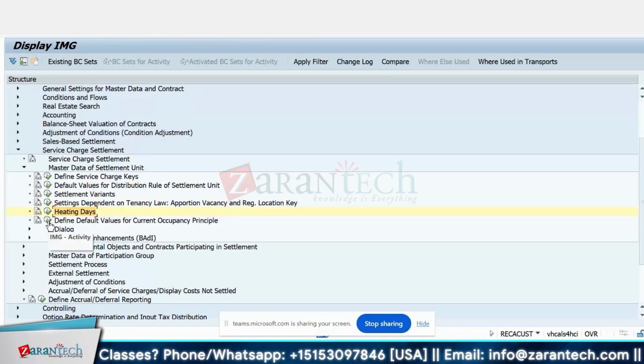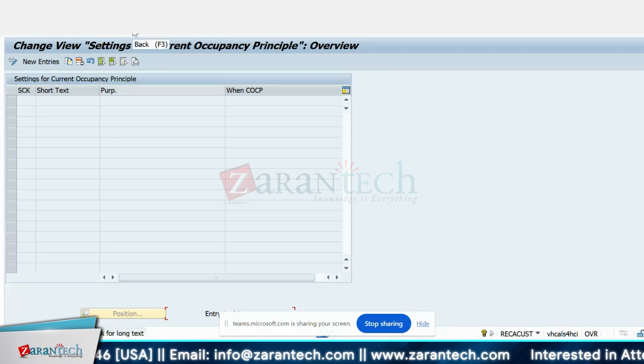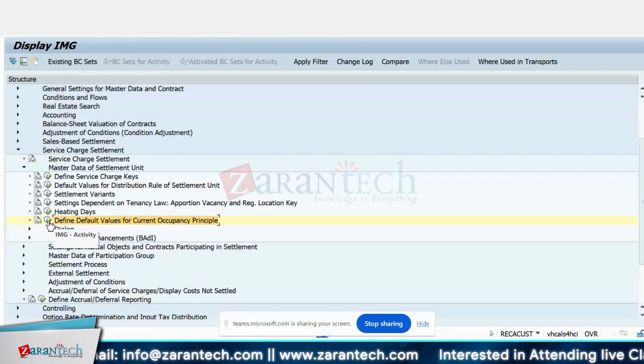Define default values for current occupancy principle. Define setting values for current occupancy. Define default values for current occupancy principle is like, if any of the rental objects has been occupied, then what should be the default service charge key?